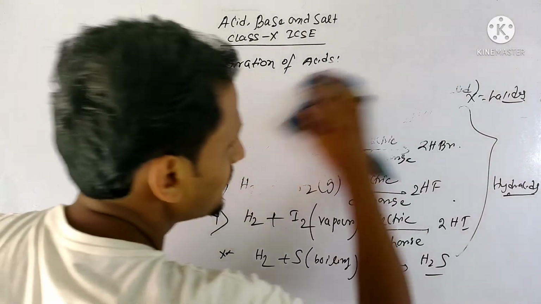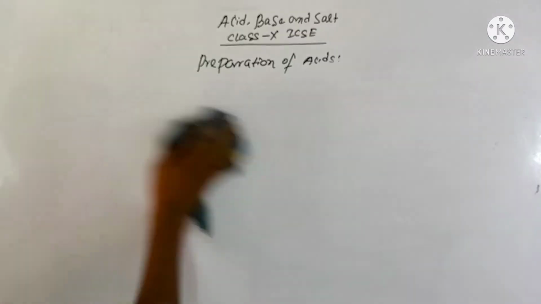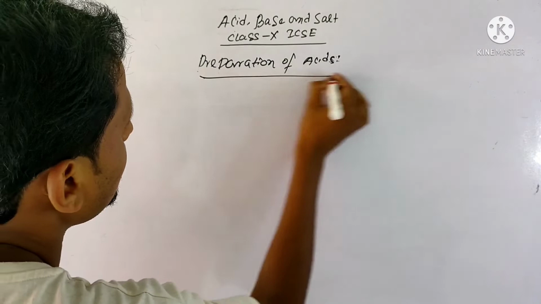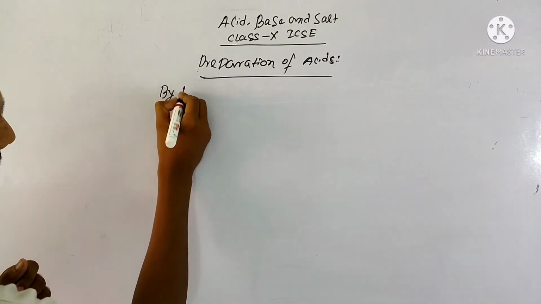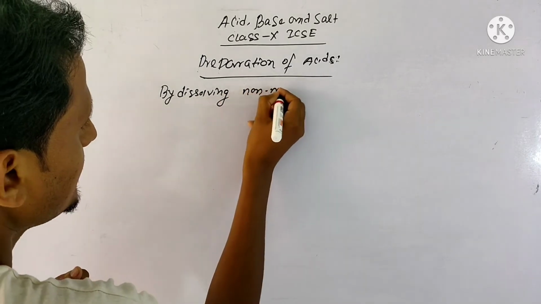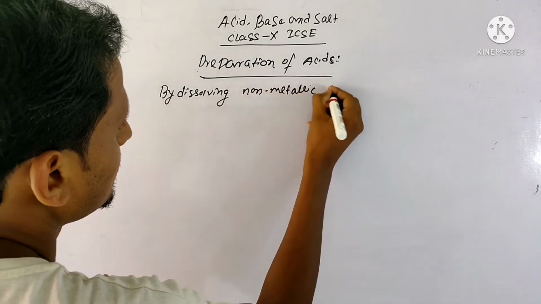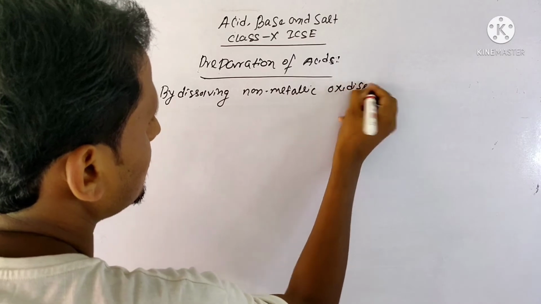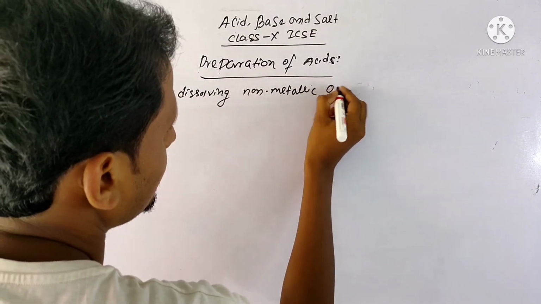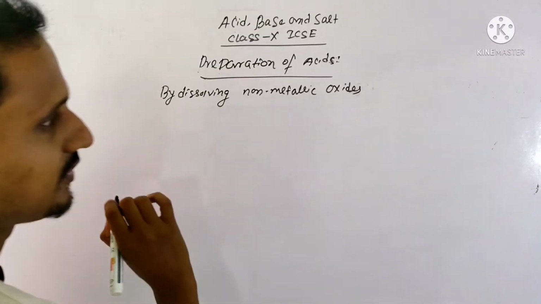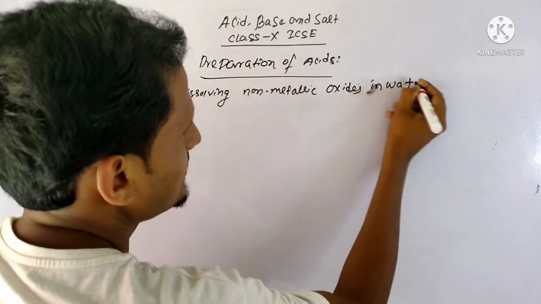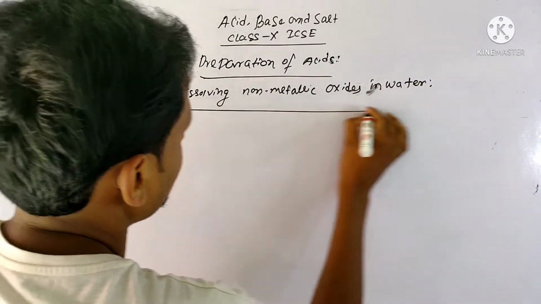Now we'll go to the next method, how we can prepare the other acids: by dissolving non-metallic oxides in water.